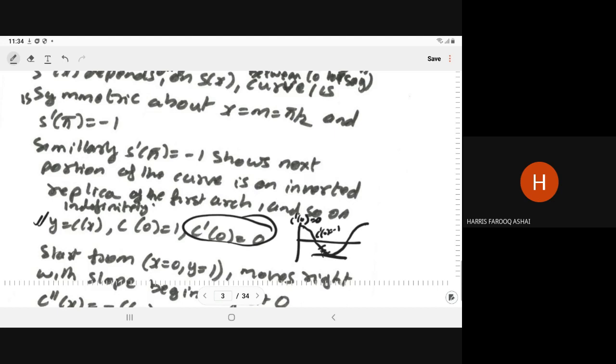Now, here you have seen the graph is similar to the cos x and sin x. The graphs of Cx and Sx are similar to cos x and sin x.